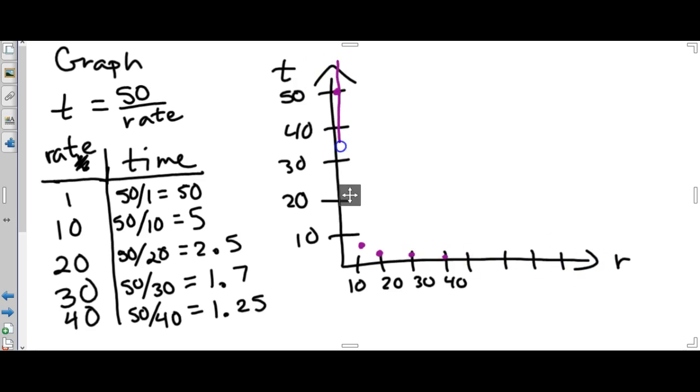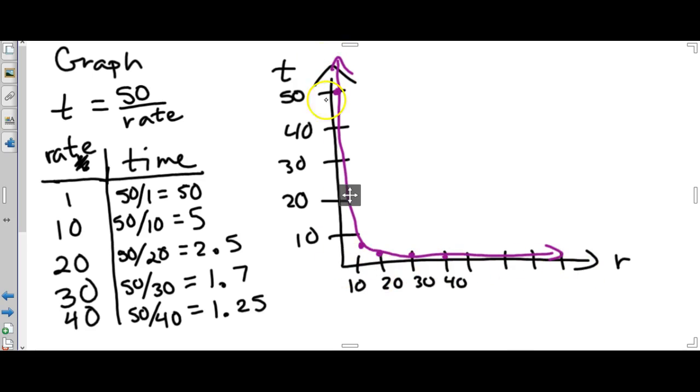So this ends up making this curved shape. And it never is going to cross the y-axis, and it's never going to cross the x-axis. It'll just keep getting closer and closer because it's always going to take some amount of time to get there, and you've always got to be going some speed to get anywhere at all, so we're never actually going to hit these zeros.